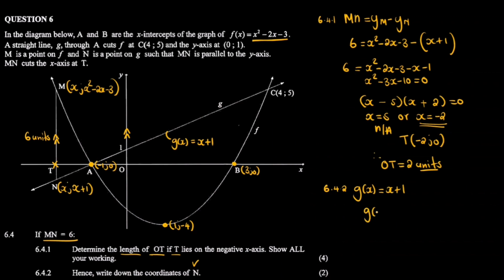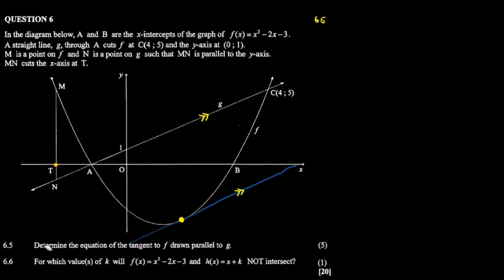So g of negative 2 equals negative 2 plus 1. So g of negative 2 in this case is going to be negative 1. Therefore, the coordinates of N are going to be negative 2 and negative 1.